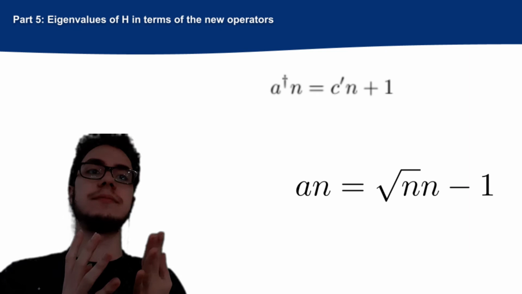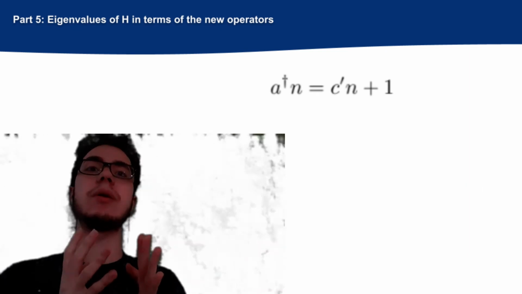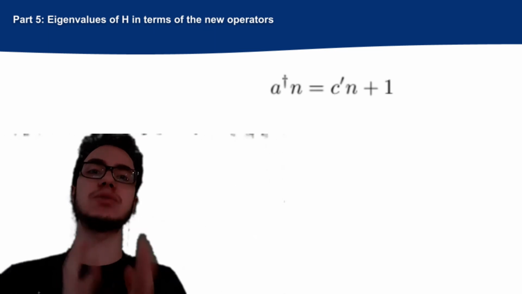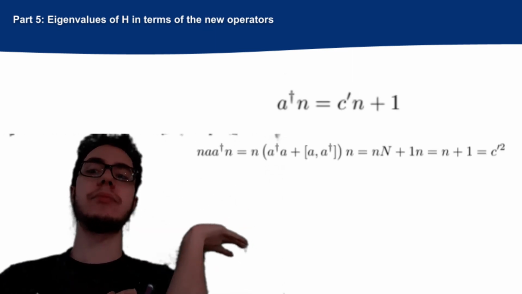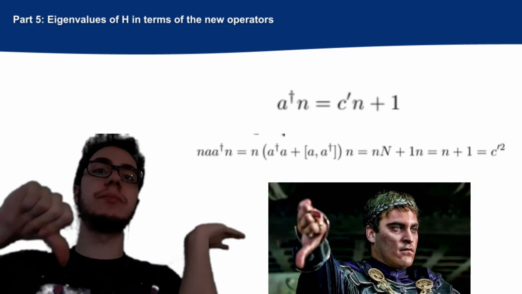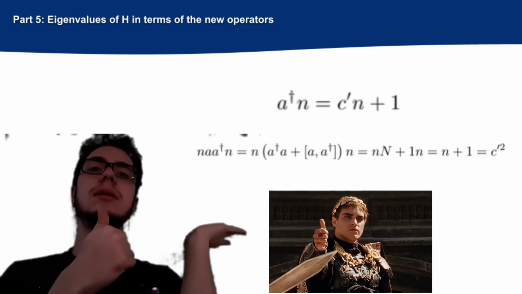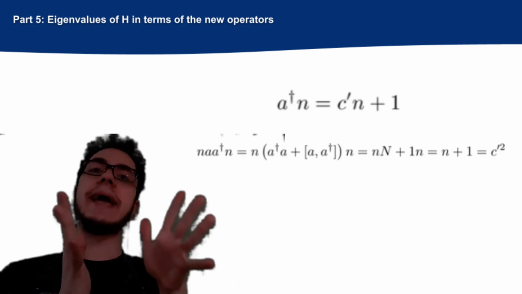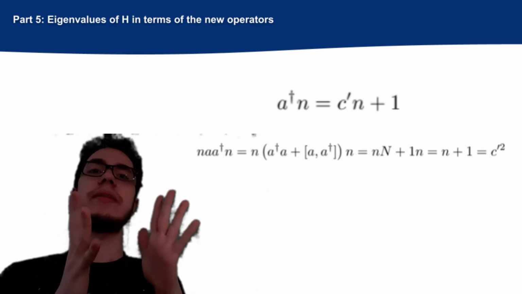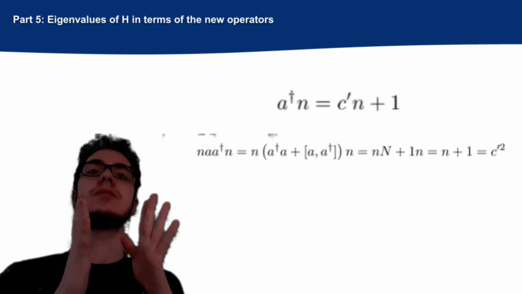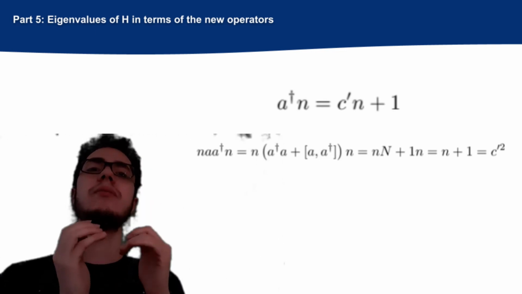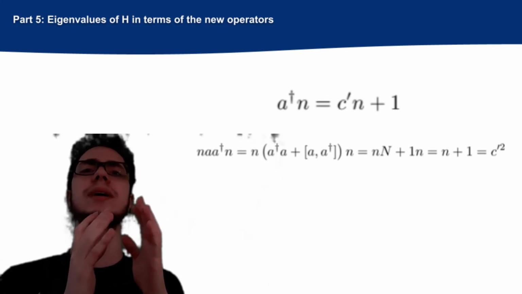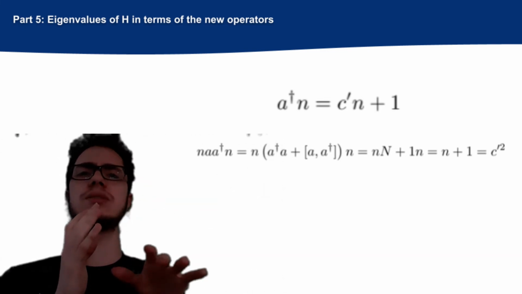Let's do the same, but taking into account the proportionality between the creation operator and the eigenvalue n plus 1. In this case, we have the product between the destruction operator and the creation operator, and all of this is between the bra n and the ket n. This product can be expressed in terms of the commutation of these two operators. In the beginning, we had worked with a similar expression, but with the product between the number operator and the creation or destruction operators.